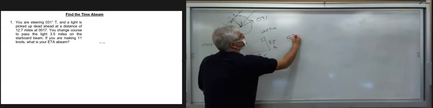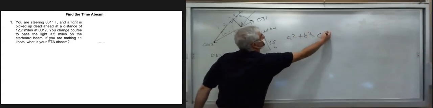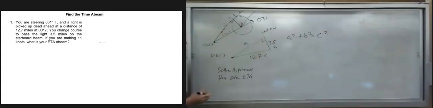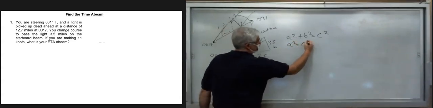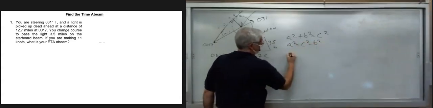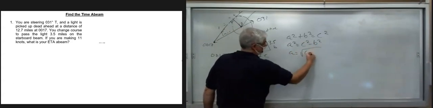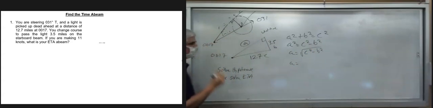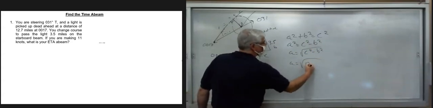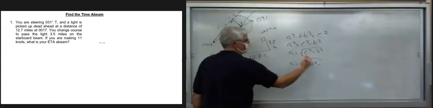So A squared plus B squared equals C squared. I'm looking for A. So A squared equals C squared minus B squared. A equals the square root of C squared minus B squared. A equals, what's C? 12.7 minus 3.5.